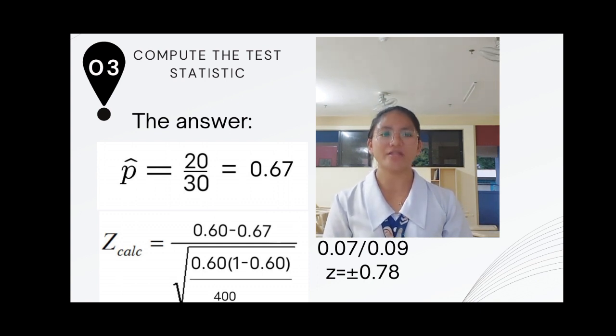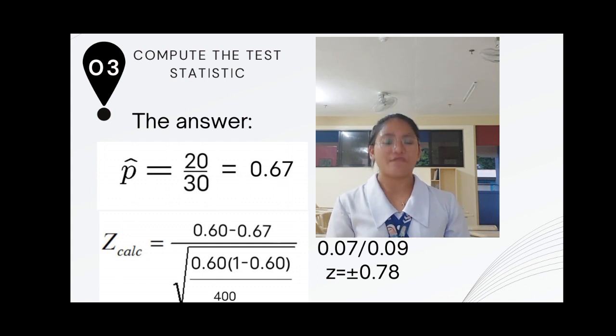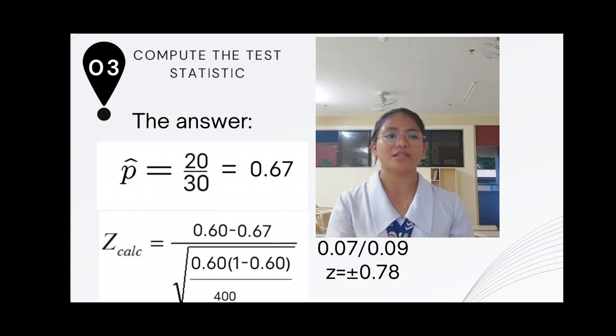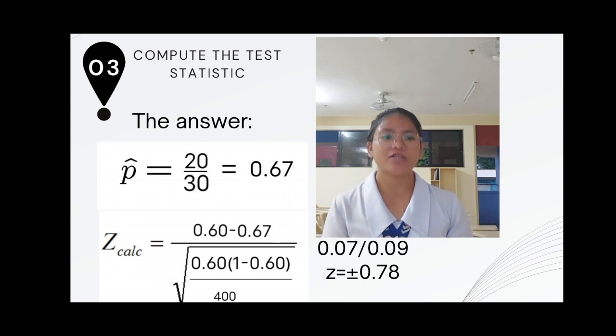So 0.24 divided by 30, which is the sample size, and the answer is 0.09. Since we already have the answers, 0.07 divided by 0.09, the answer is 0.78.